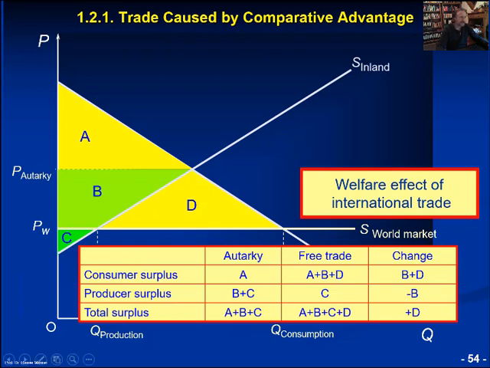If we calculate the change of consumer surplus in the last column, we observe that the area B is redistributed from producers to consumers, while the area D is an additional surplus made possible by the cheap supply from the world market.